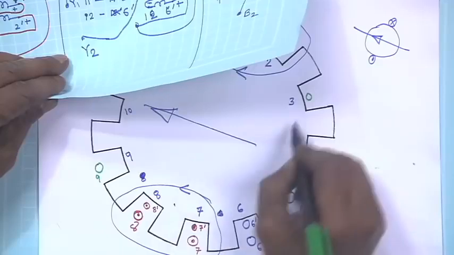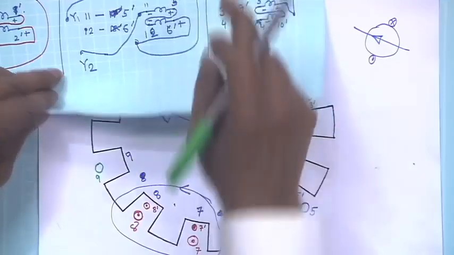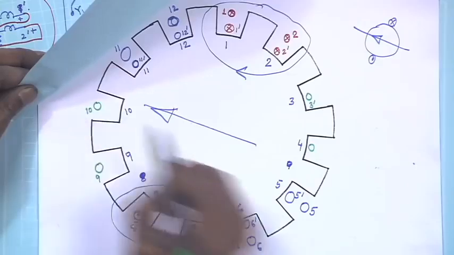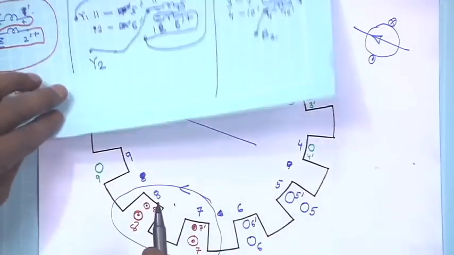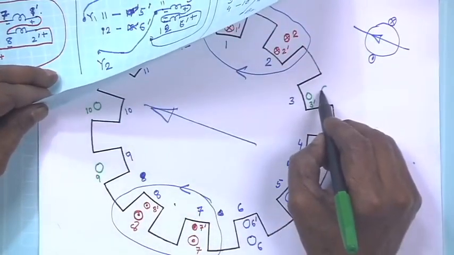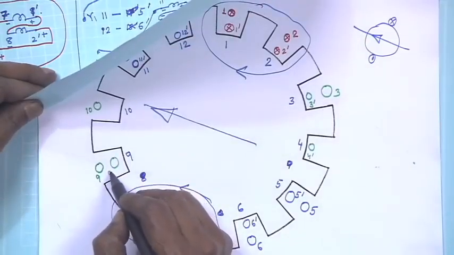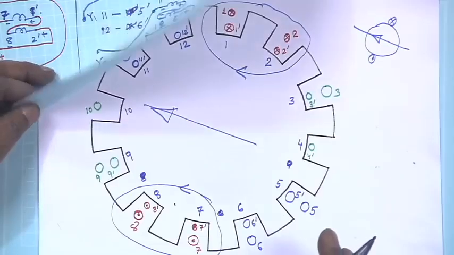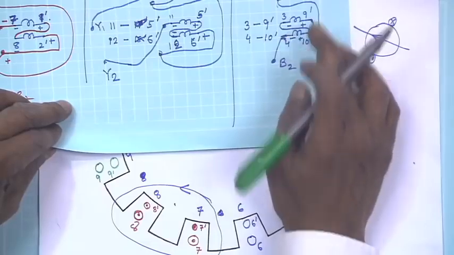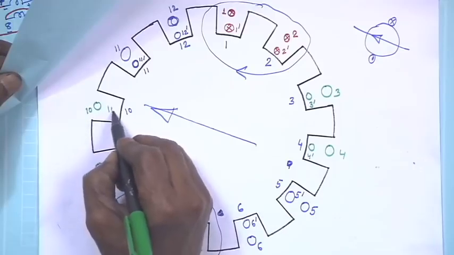One coil is here, and then 10 4 dashed, 10 4 dashed, and then 3 9 dashed, that is the start of the second group, 3 and its return is 9 dashed, and finally 3 10 dashed, 3 9 dashed is over, 4 10 dashed. So, 4 and 10 dashed.